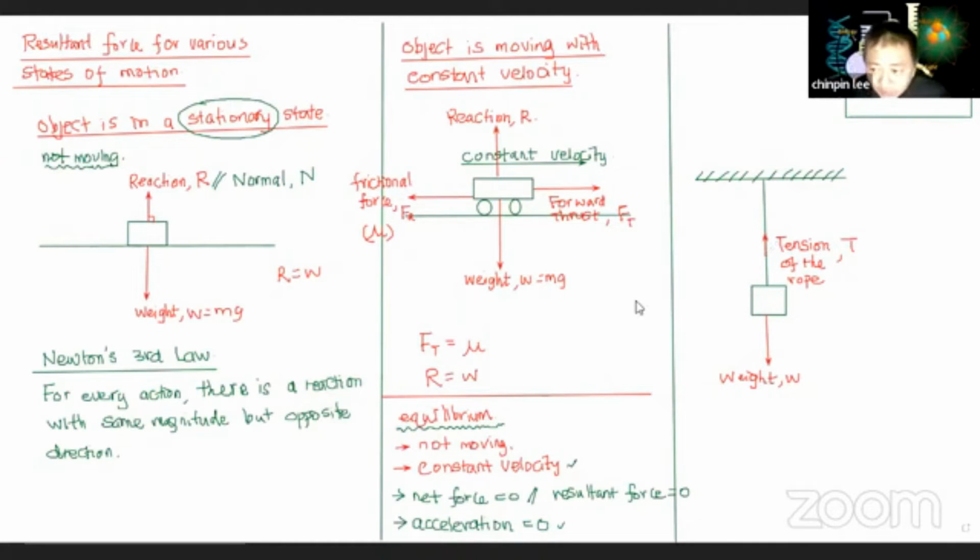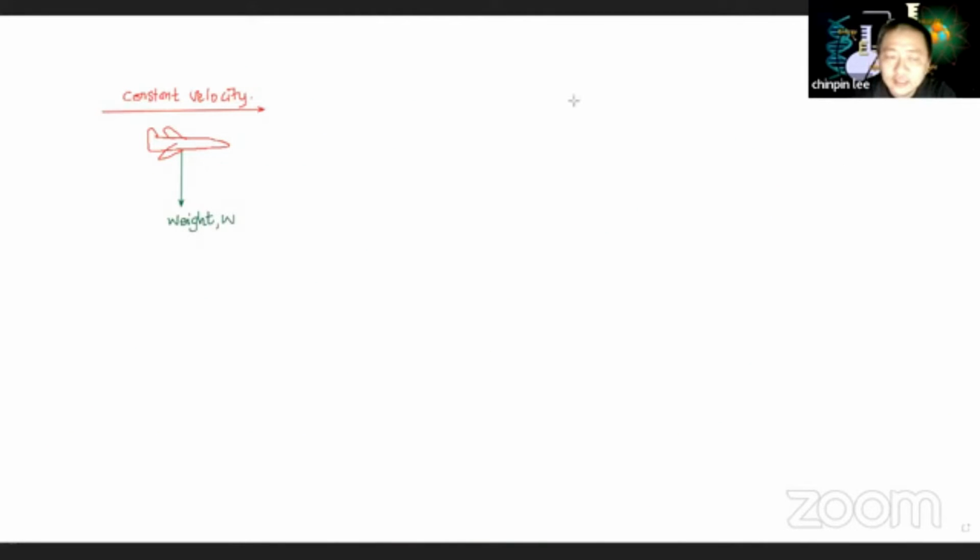Newton said for every action, which is the weight, there is a reaction, same magnitude but opposite direction. This object is at rest right now, so I will say this is equilibrium because it is not moving. So T is equal to W.